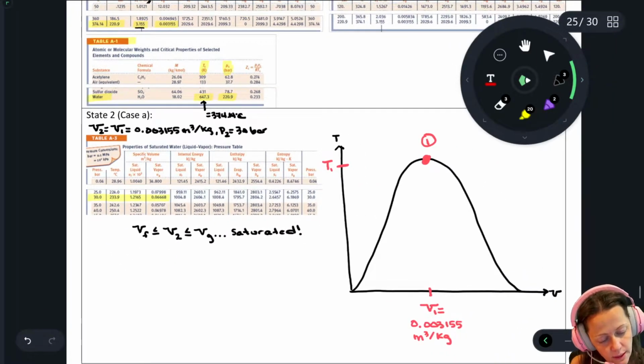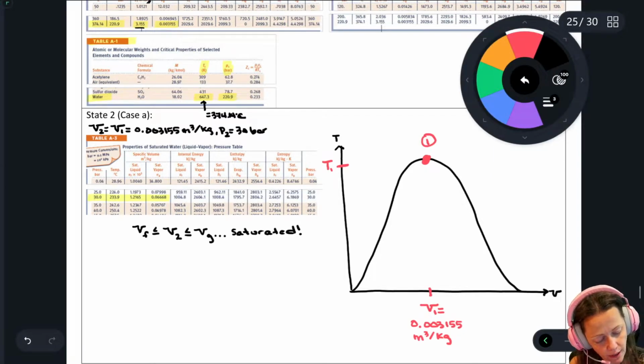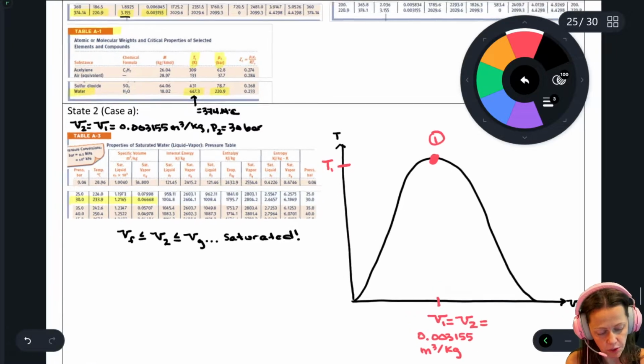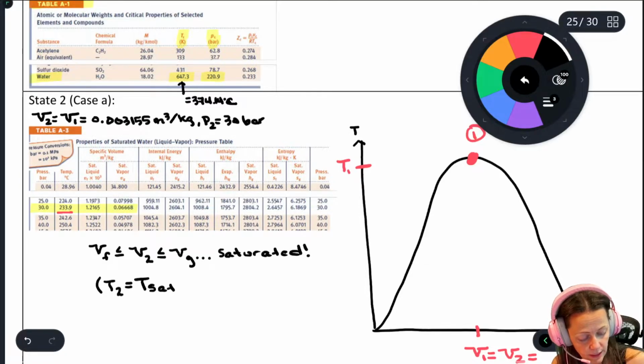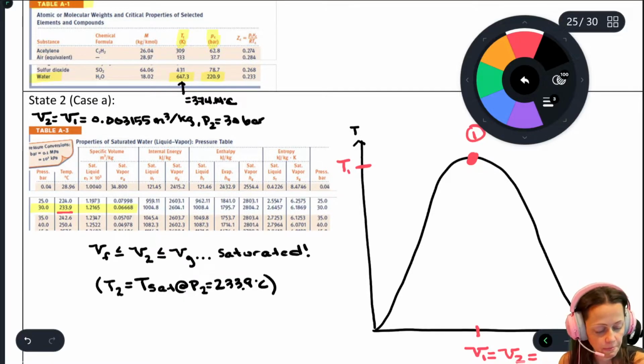Let's see what my temperature is going to be. My temperature at state 2 is the only possible temperature that it could be at and be saturated. So T2 is Tsat at P2, which is 233.9 degrees Celsius.